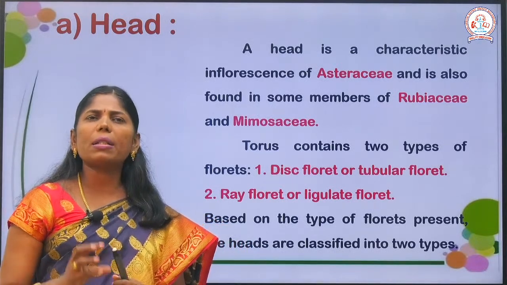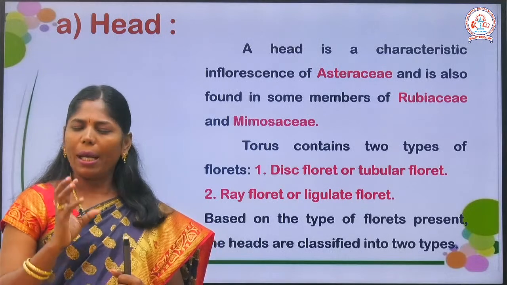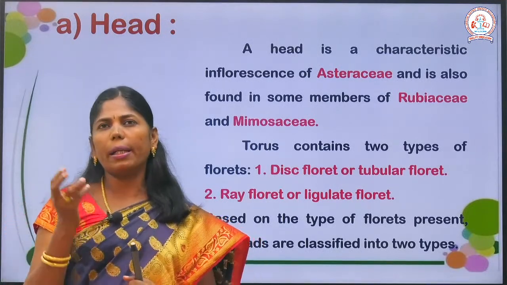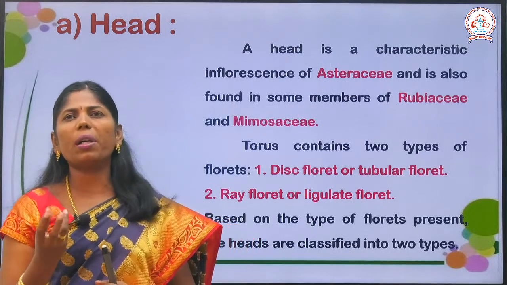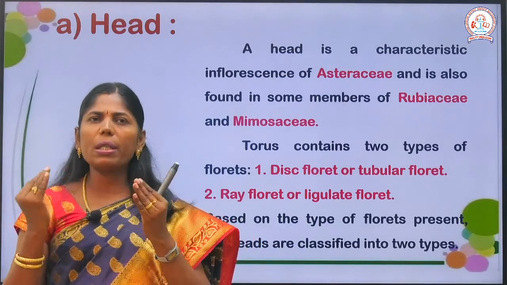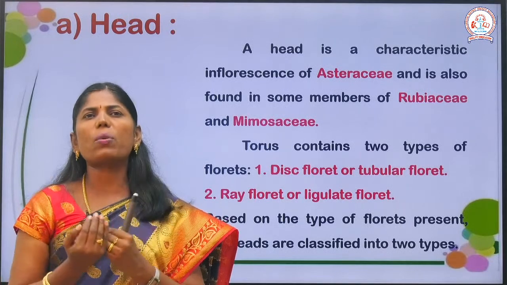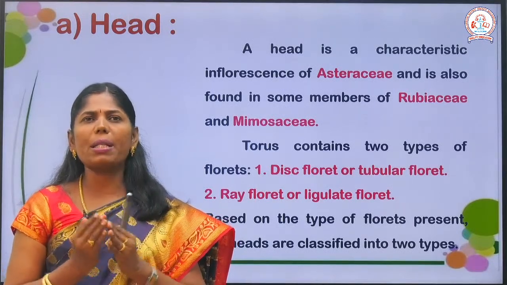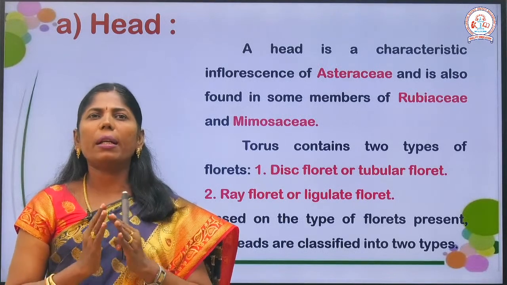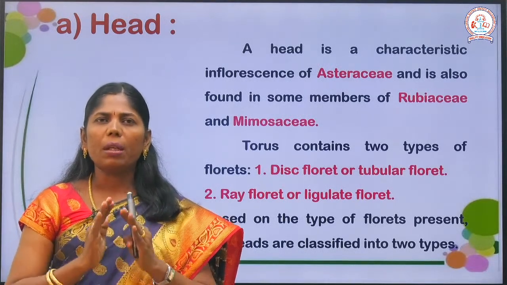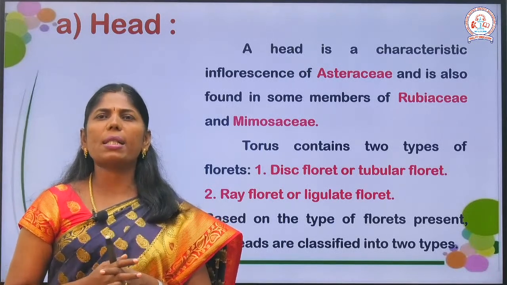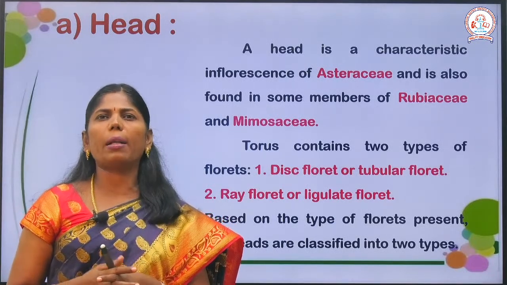Here we can see two types of flowers. In the peripheral region we can see the ray florets, and inside we can see the tubular florets. Ray florets are unisexual flowers, and tubular florets are also unisexual, meaning male and female flowers in different conditions. This belongs to the Asteraceae family and some of the Rubiaceae and Mimosaceae.